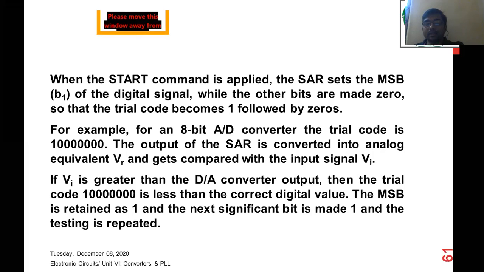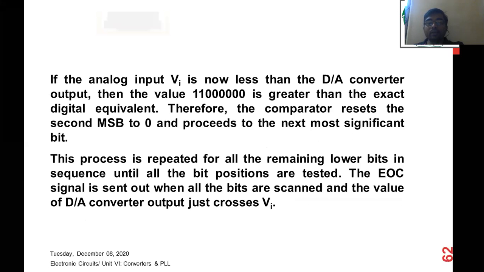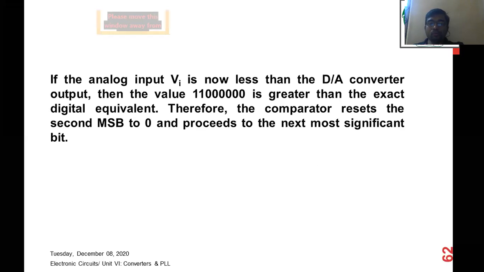If Vi is greater than the D to A converter output, the MSB is retained as 1, the next significant bit is also made 1, and testing is repeated. But if Vi is less than the D to A converter output, the comparator resets the second MSB to 0 and proceeds to the next most significant bit.